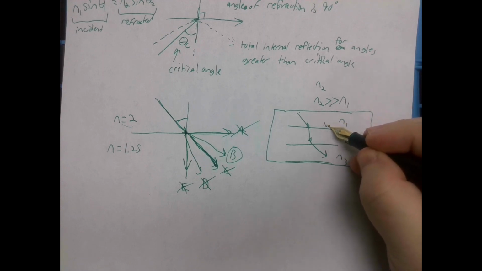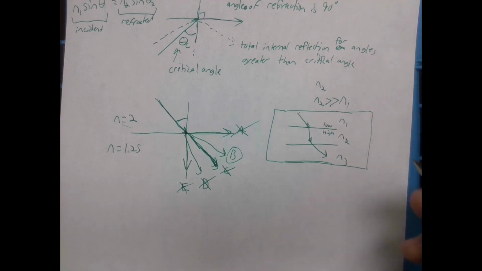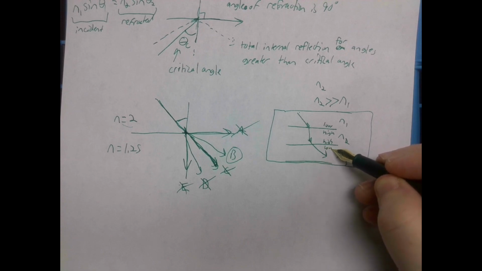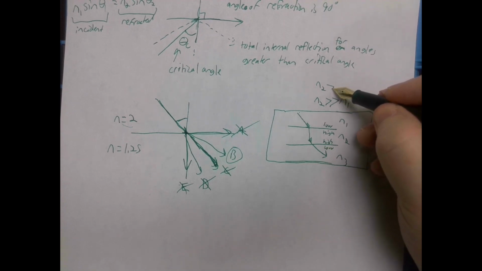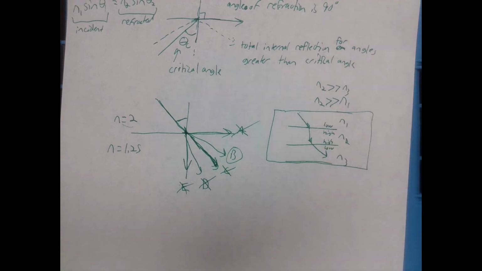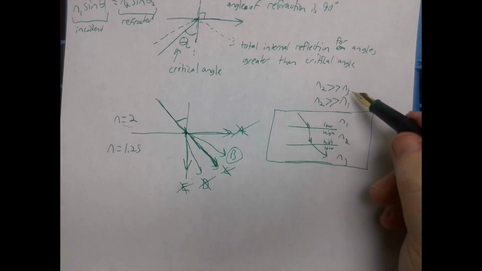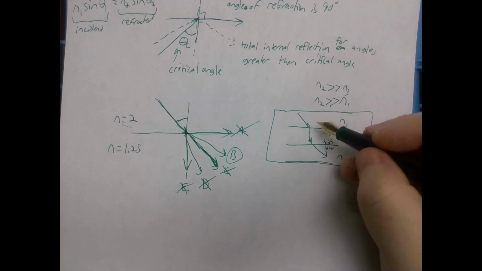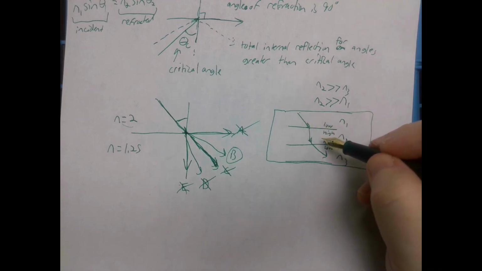So this must be low, this must be high, and bending away means that you're going from high to low. So that means N2 must be bigger than N3. And to compare N3 and N1, we look at which one's the more extreme.